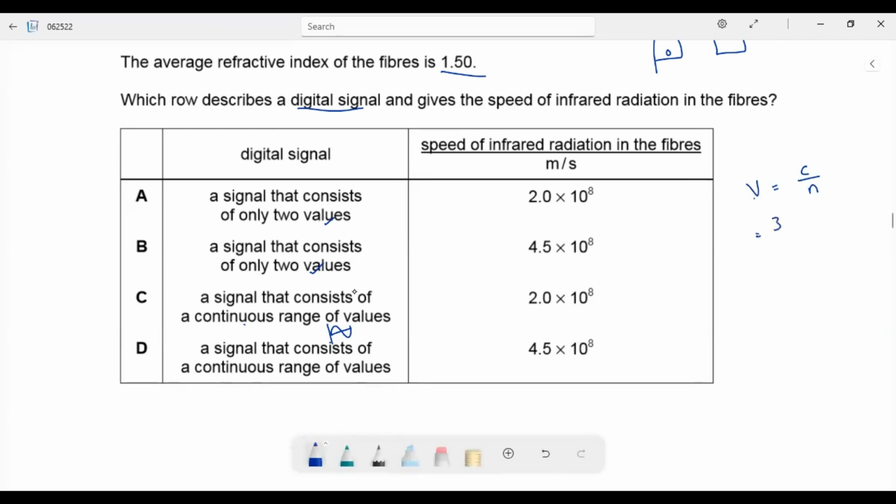Speed of light in vacuum is 3 into 10 raised to 8 meter per second, and refractive index is 1.5. So we'll be getting the answer as 2 into 10 raised to 8 meter per second. So the right choice is this one, A.